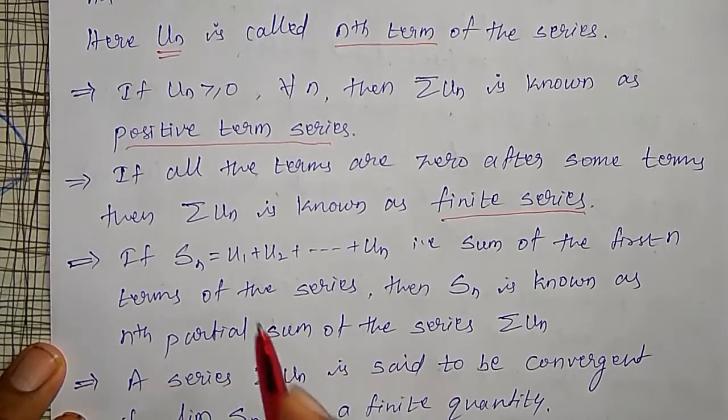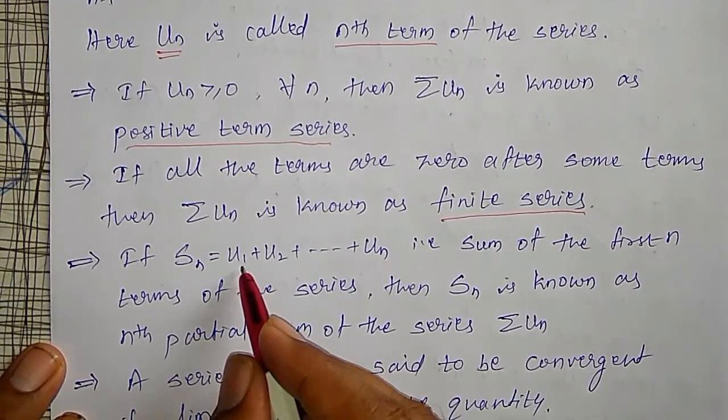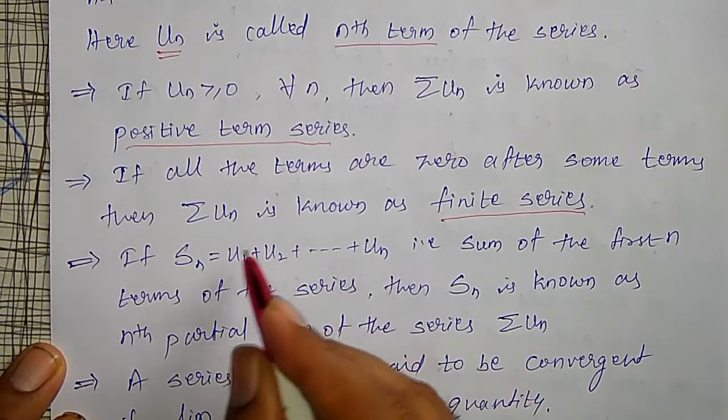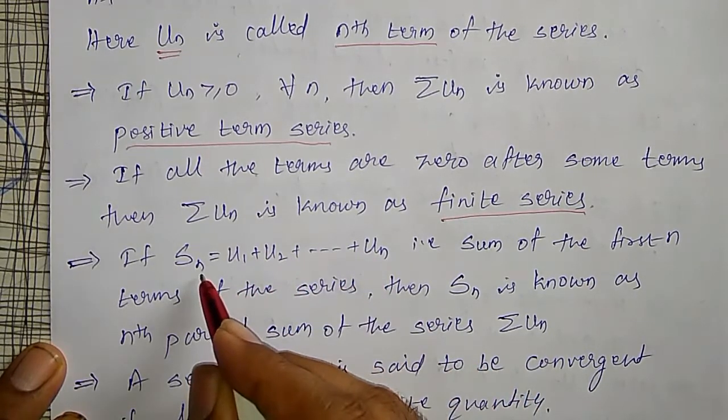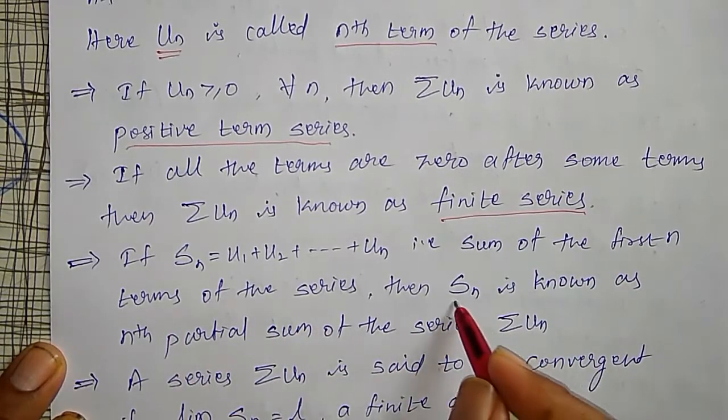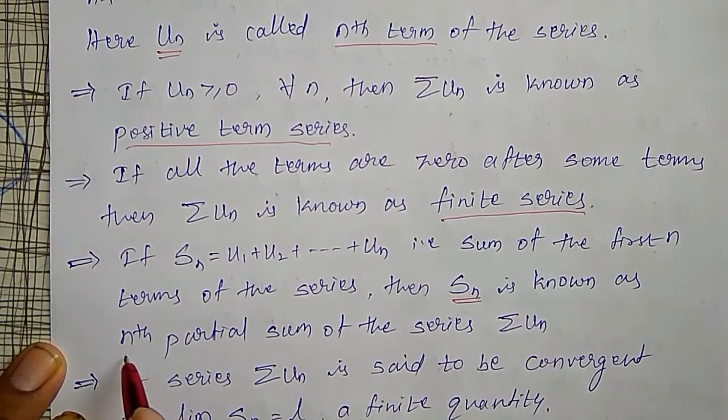If Sn represents u1 plus u2 plus up to un, the sum of the first n terms, then Sn is known as the nth partial sum of the series.